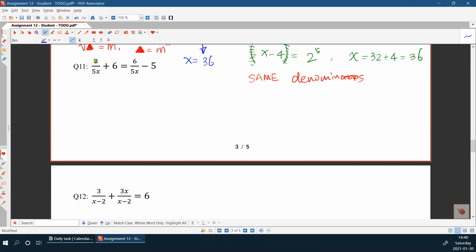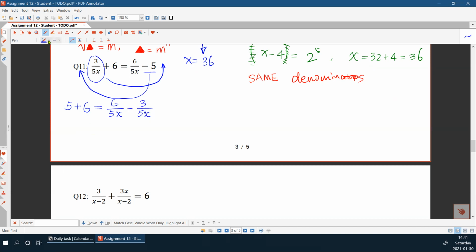We can move the first term onto the right-hand side of the equation and move the minus 5 to the left-hand side of the equation, right? Okay, so this gives us 5 plus 6 equals 6 over 5x minus 3 over 5x.